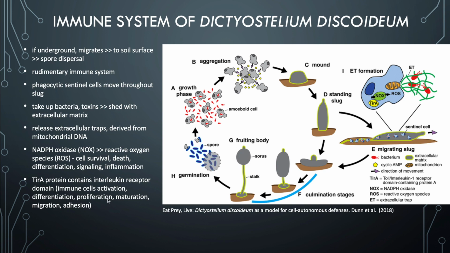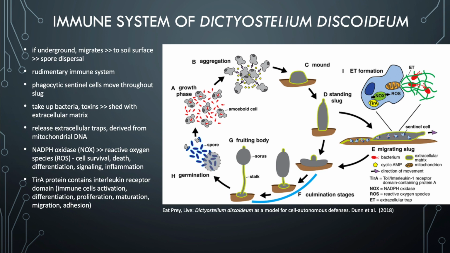releases the spores. So basically, if the slug is already formed and it's underground, it migrates to soil surface because that allows it to disperse its spores, and this rudimentary immune system begins to form. What's really interesting is that what it forms is specific cells called sentinel cells.